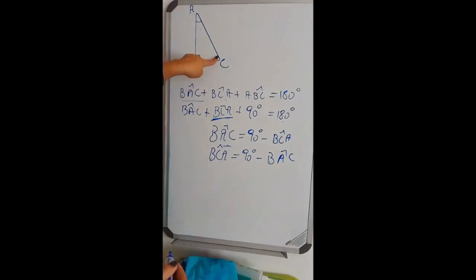So this angle here, BCA, is equal to 90 minus the other angle, which is BAC. And angle A here, or BAC, is equal to 90 minus the other angle, which is BCA.